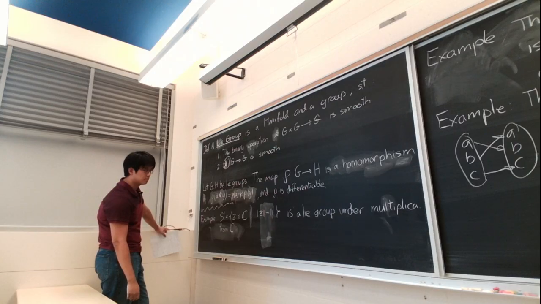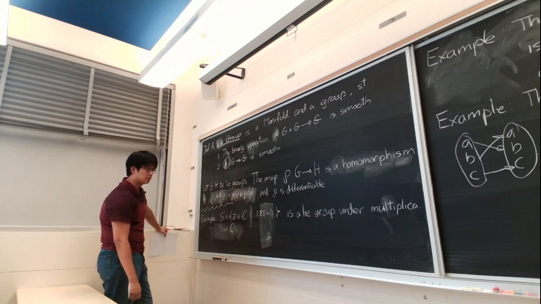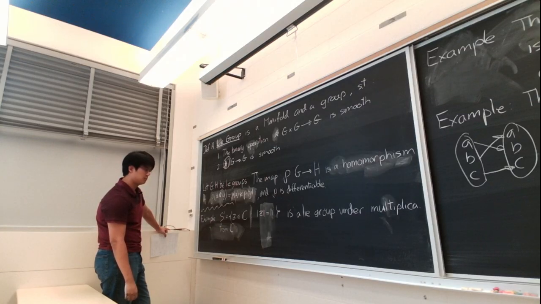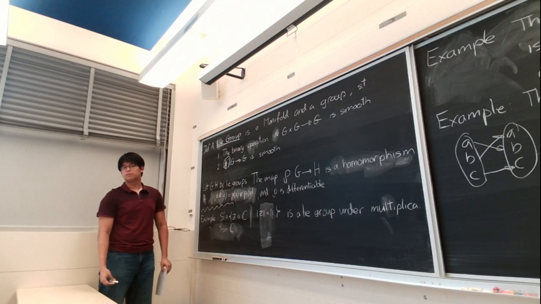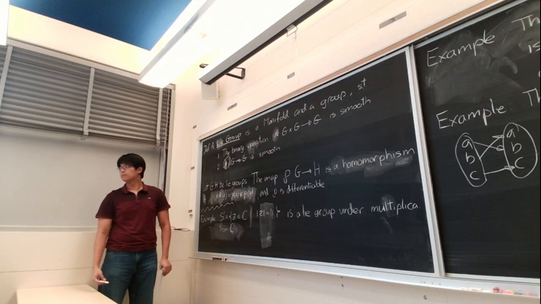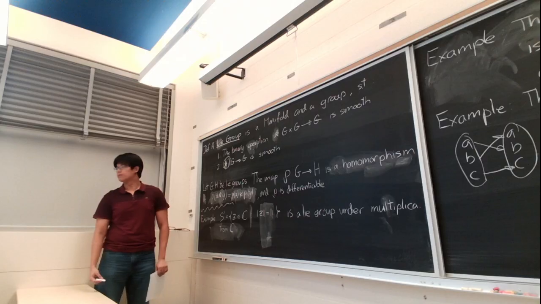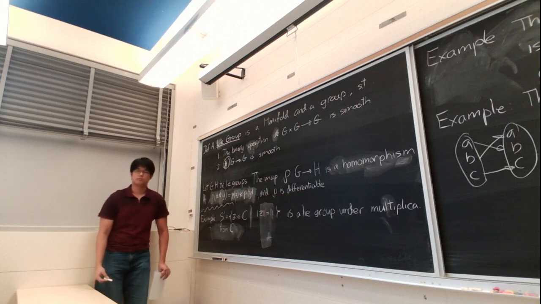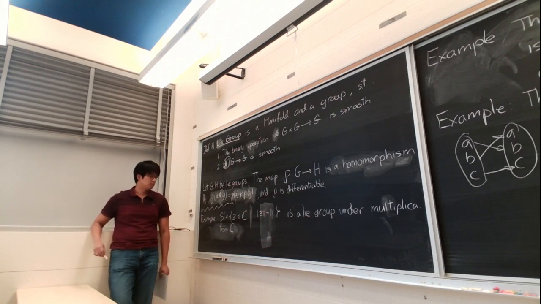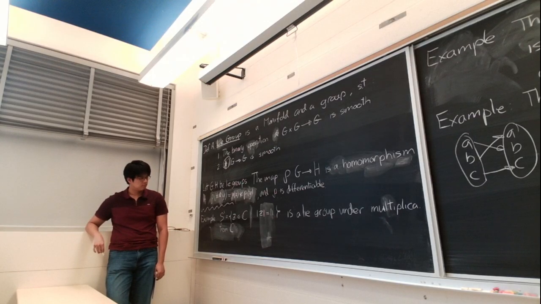We want a chart going from R, or some open set of R, to S1. Give me any invertible map from some open set in R to S1, and then hopefully we can invert it.